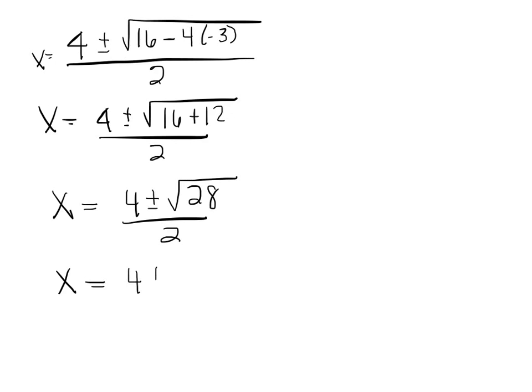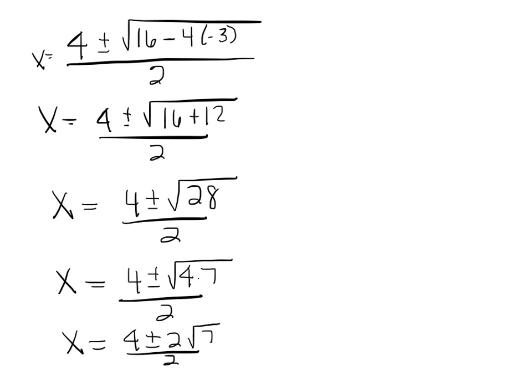X equal 4 plus or minus the square root. 28 is 4 times 7. So that's going to help me reduce that. 4 plus or minus 2 square roots of 7 all over 2. Now here's where I can start canceling out the 2 in the bottom, but I have to make sure I do both terms on the top.